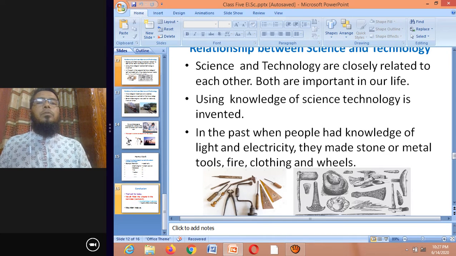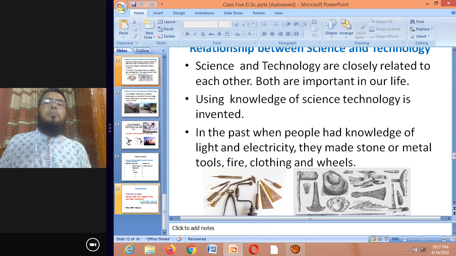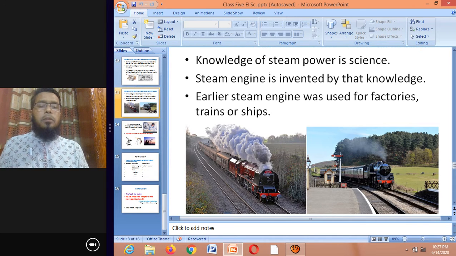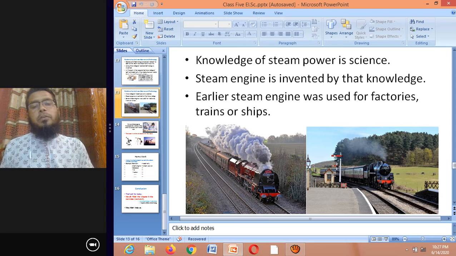And with the use of the steam engine, early trains, buses and steamers ran. So the steam engine was used for factories also, and trains and ships.